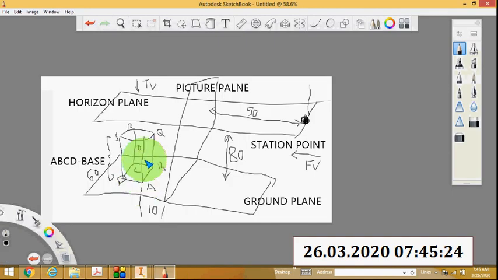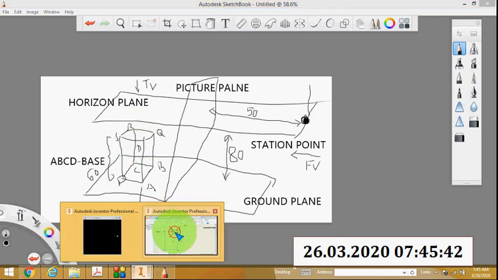Then I have to complete all the edges. See how many edges in a square prism? Top PQRS 4 edges, base ABCD 4 edges, then vertical edges 4. So 4 multiplied by 3, 12 edges in total. First I will check the top PQRS.